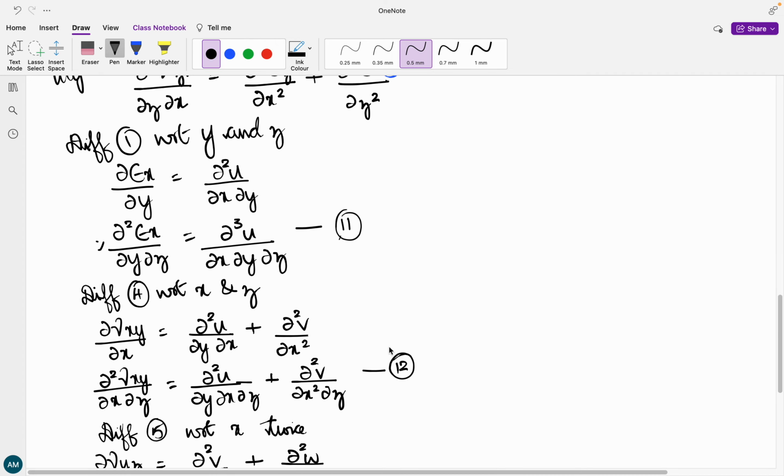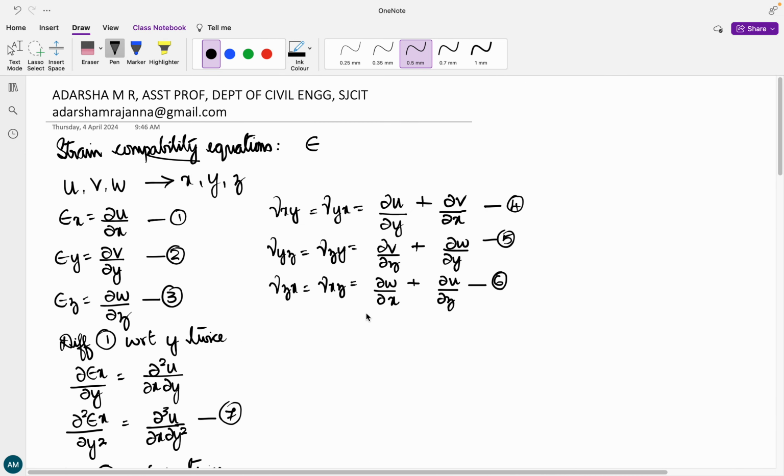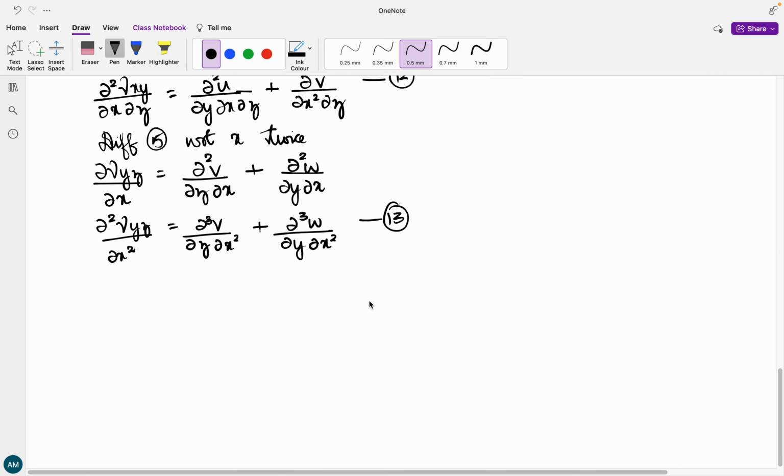Again, let us go back over here. We will be differentiating the last one, that is the sixth equation, γzx equal to ∂w/∂x plus ∂u/∂z, with respect to x and then followed by y.